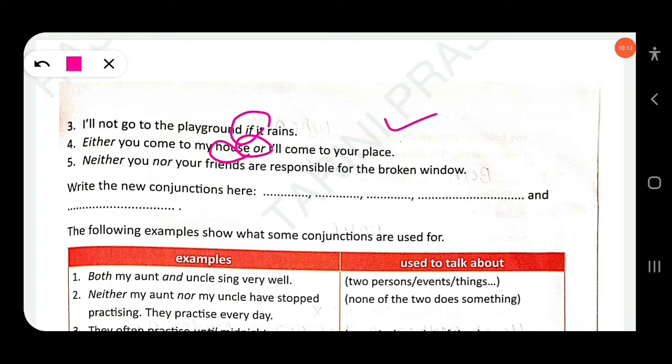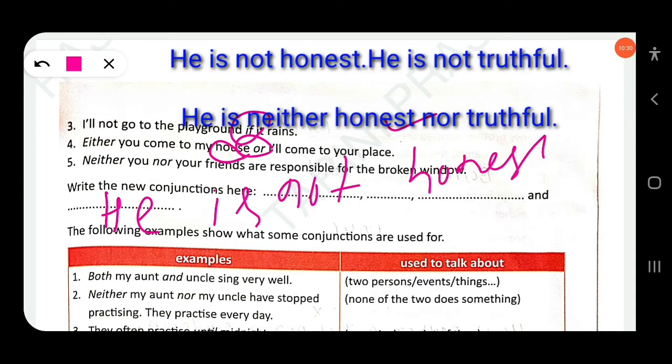Clear? Next, neither you nor your friends are responsible for the broken window. Similarly, neither nor, when two negative sentences are joined, we use neither nor. Suppose take an example: He is not honest. He is not truthful.